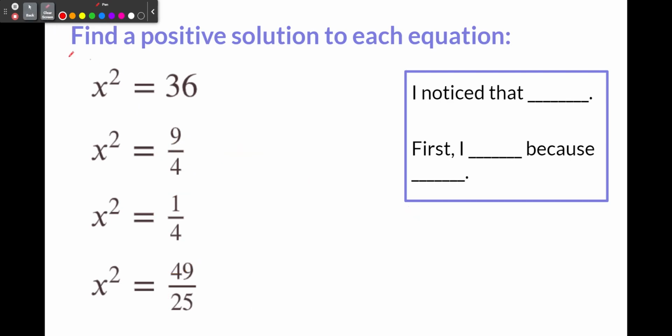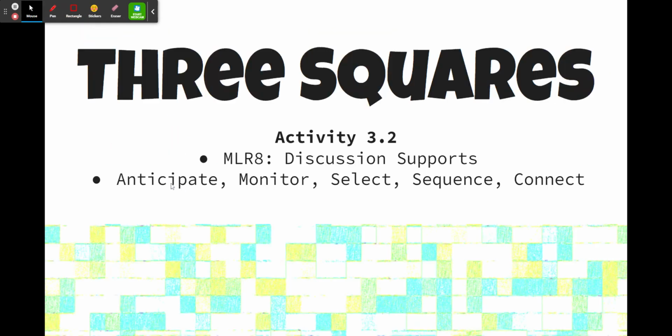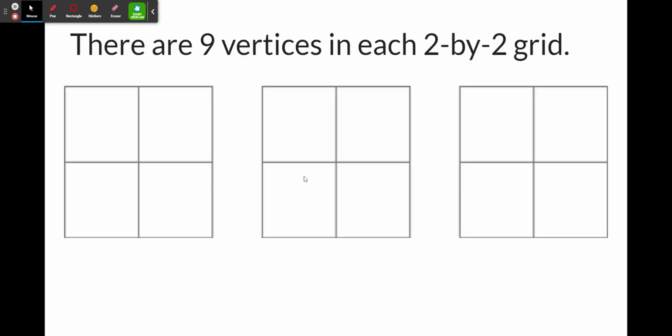So let's clear our screen. All right, 3 squares. This is where we're going to get into some really interesting things. We're going to be doing some discovery. So what we're doing here is we're going to find 3 squares in these different boxes. There are 3 vertices in each 2x2 grid.